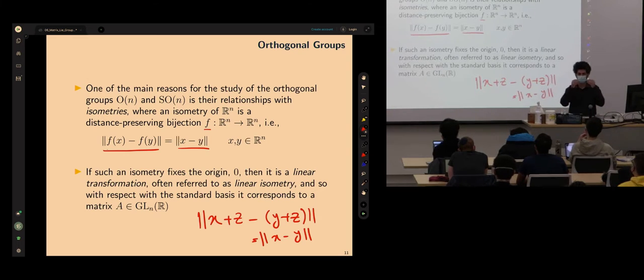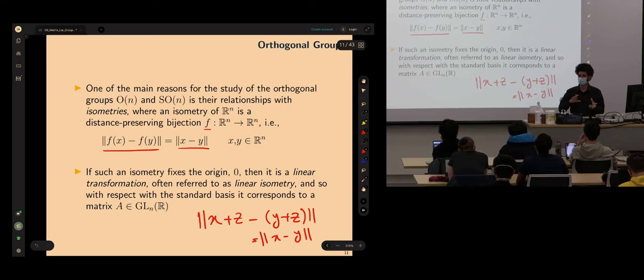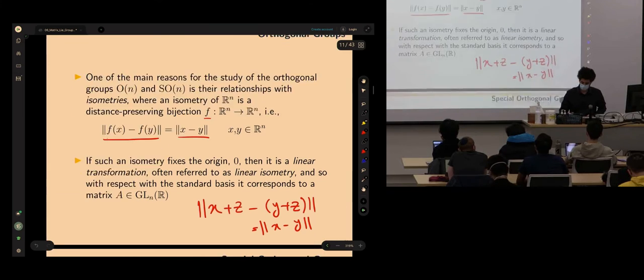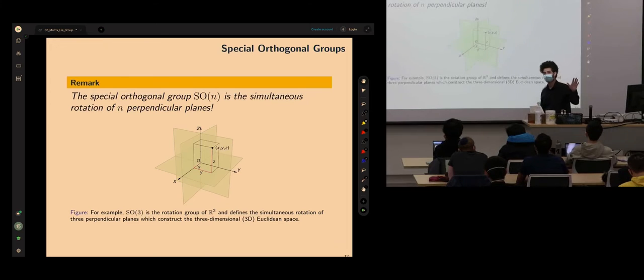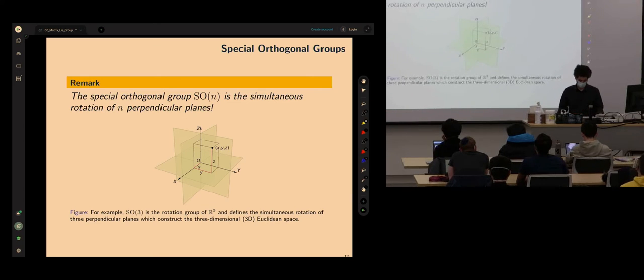If I translate 2 points to another location in the space, the distance is the same. So translation, we saw last time, is not a linear transformation, but it is an isometry. So rotation and translation together form direct isometries. Reflections are called indirect isometries, or proper isometries and improper isometries. These are all the names you read in the literature.